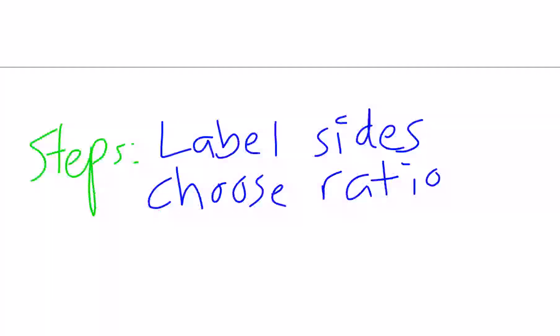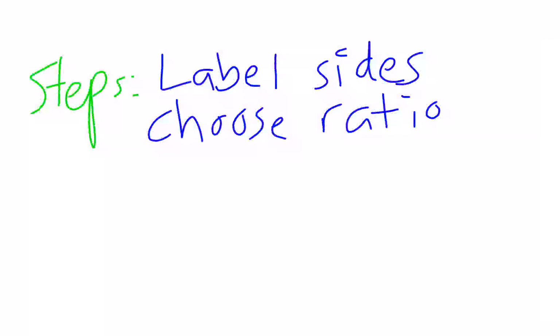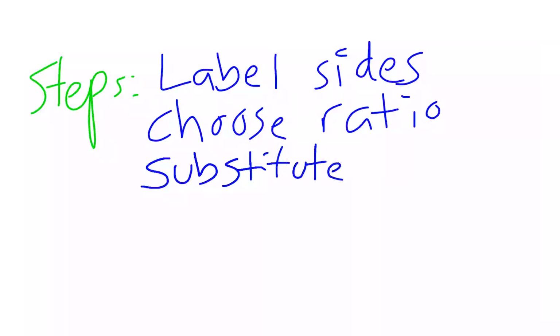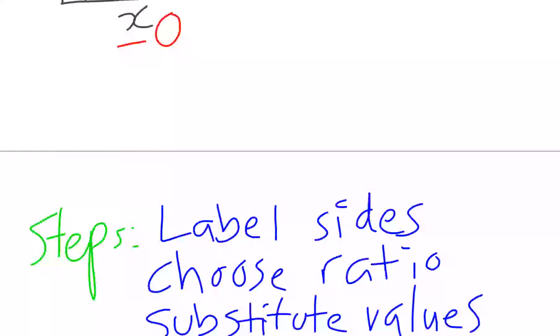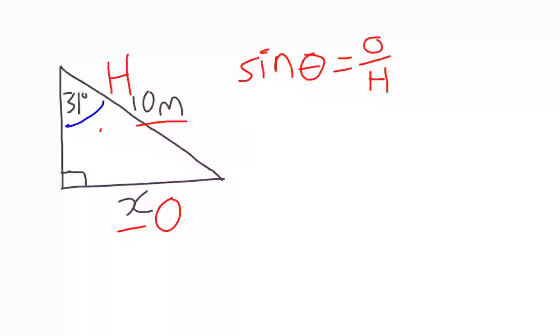Going back to our steps, every time we have a trigonometry problem with a triangle, we will label the sides and we'll choose the ratio. We'll then, of course, because we've got a formula, substitute our values. Going back to our triangle, I've got values for three things in this.